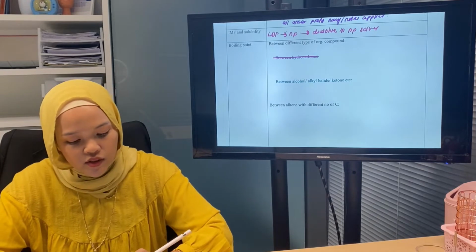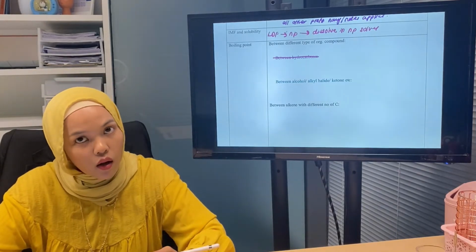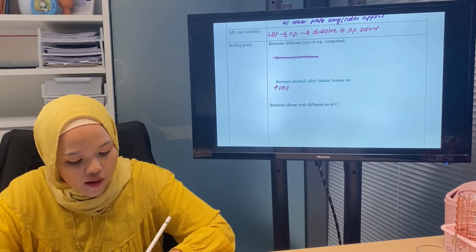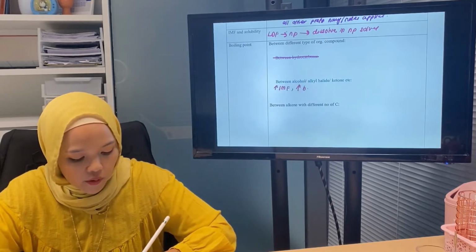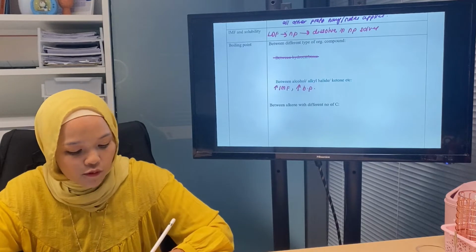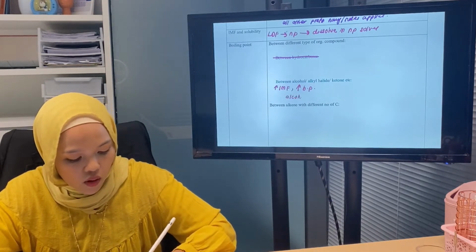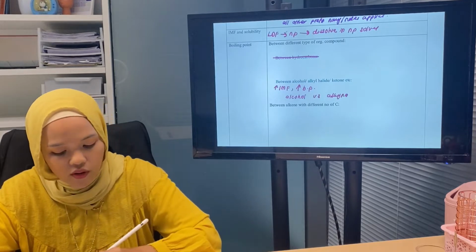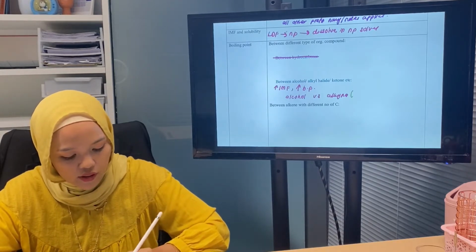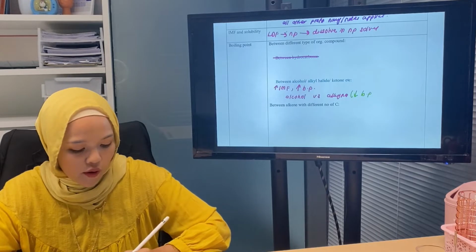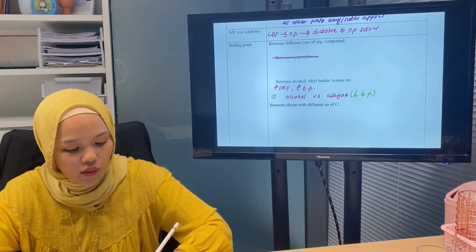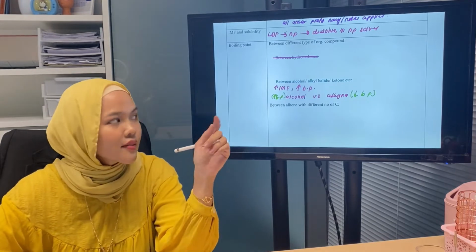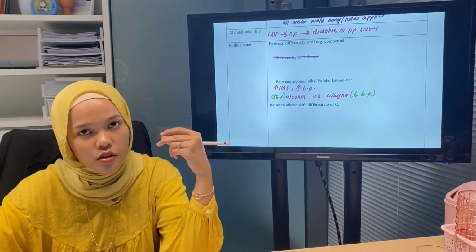So between alcohol and alkyl halide, the concept is the stronger the IMF, the higher the boiling point. So if you compare alcohol versus alkyne, of course alkyne will have a lower boiling point, and alcohol will have a higher boiling point, given that the number of carbons are similar.